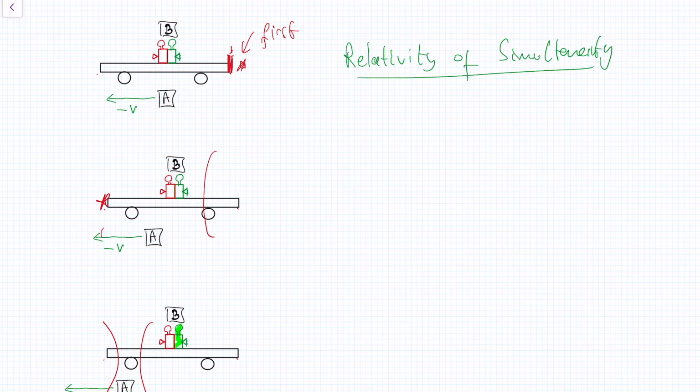If you have simultaneous events observed from some reference frame, and there is another reference frame traveling at some velocity relative to the first one, the events will not be simultaneous there. I'll say it one more time before I end this video. Two events occurring simultaneously in reference frame S, let's say, are not simultaneous in any reference frame S dashed that is moving relative to S. And this is the relativity of simultaneity.